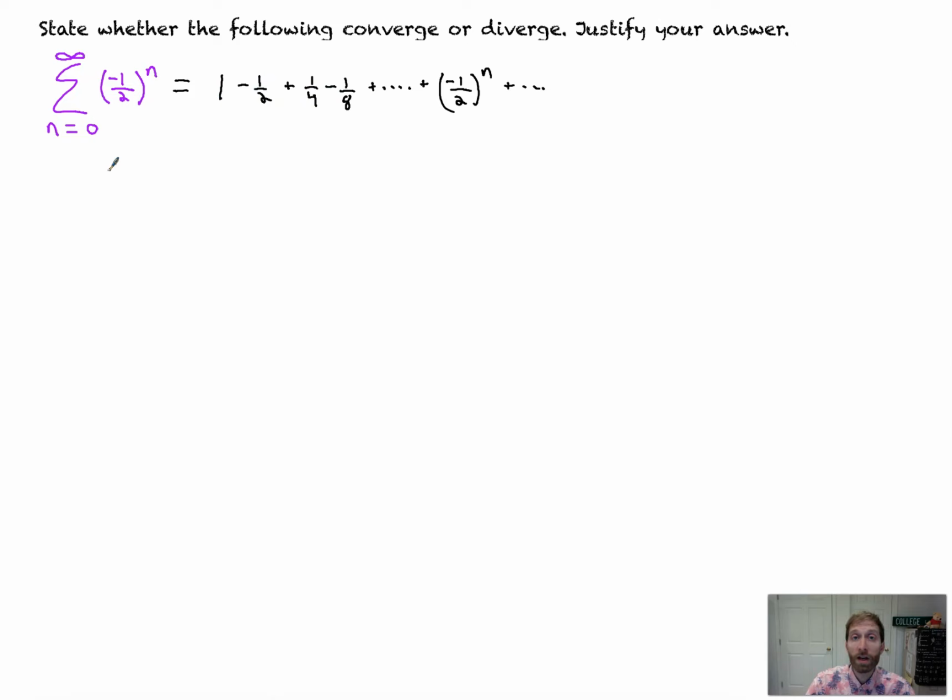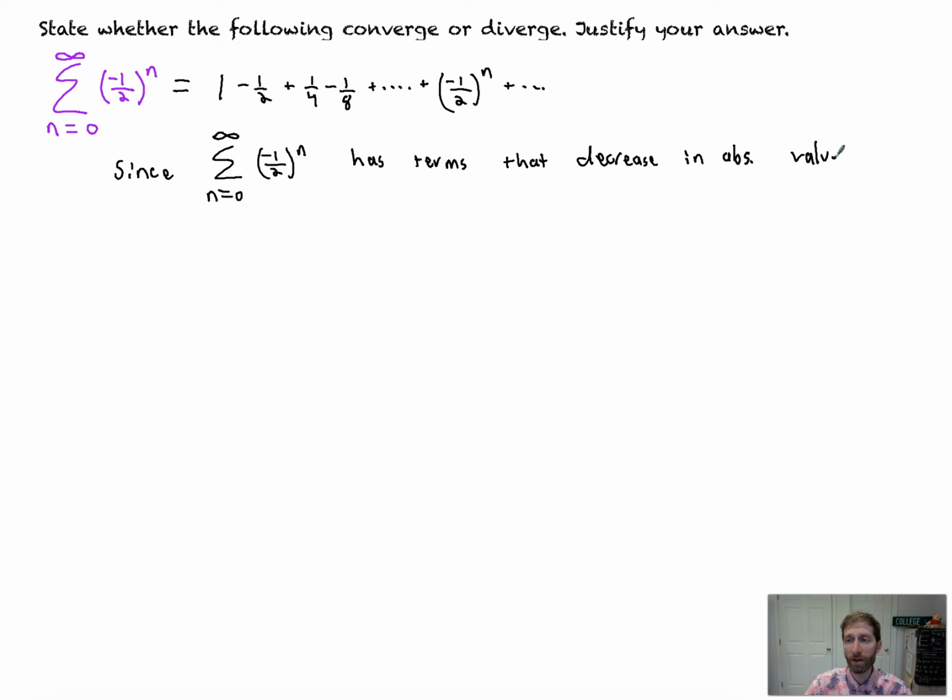So you can do this in a number of ways. My first way that I would justify it is since we can say the series n equals 1 to infinity, or n equals 0 to infinity, of -1/2 to the n has terms that decrease in absolute value to 0, it converges by the alternating series test.